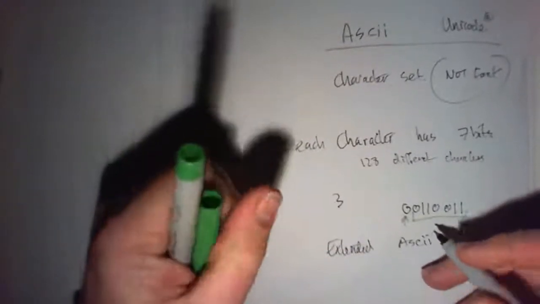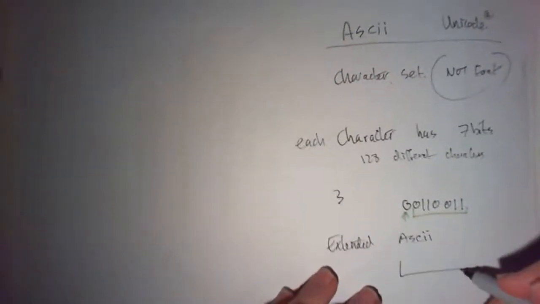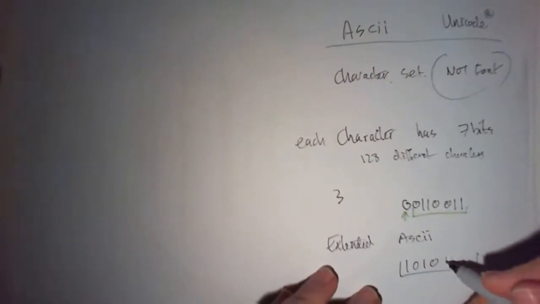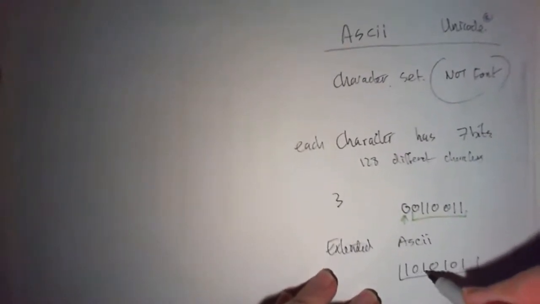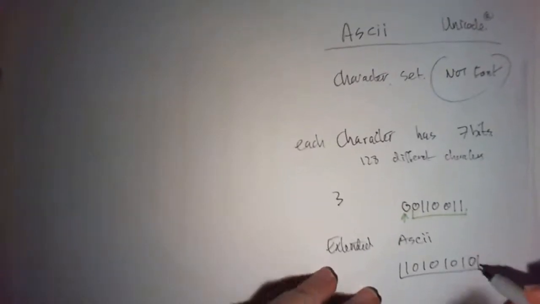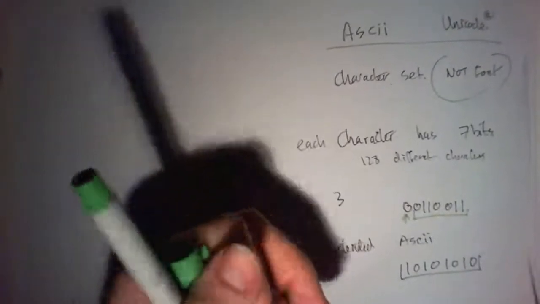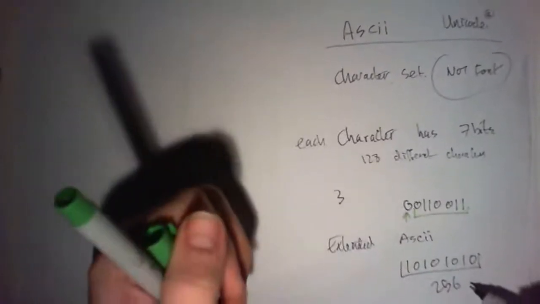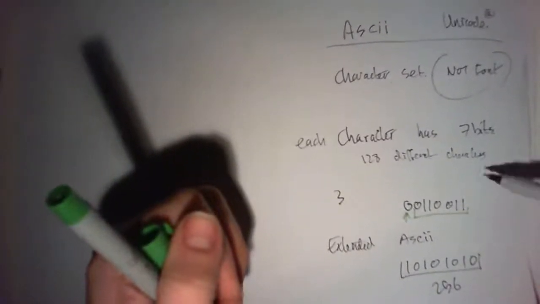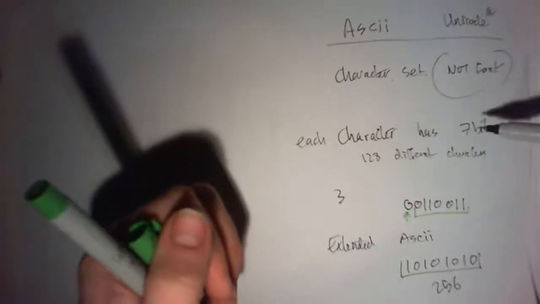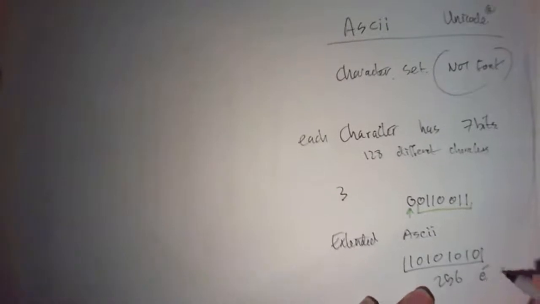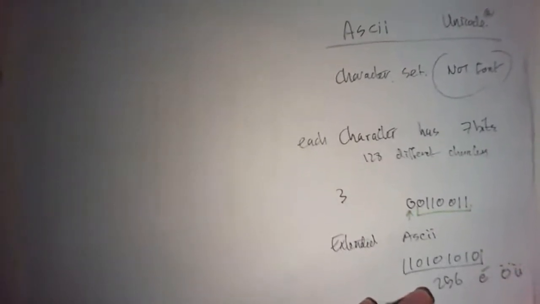So you get a full 8 bits, and that gives you up to 256 possible characters. The first 128 are the same, but you now get more extra ones. So that added in things like accented letters, those fancy weird little things in different European languages.